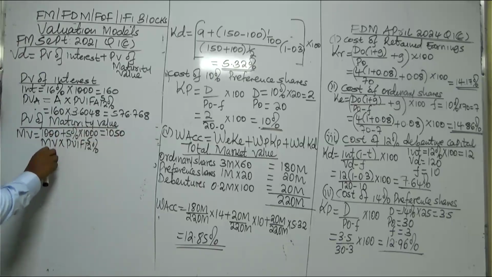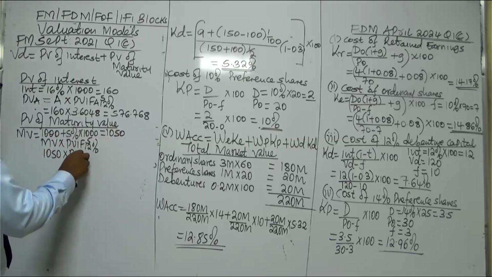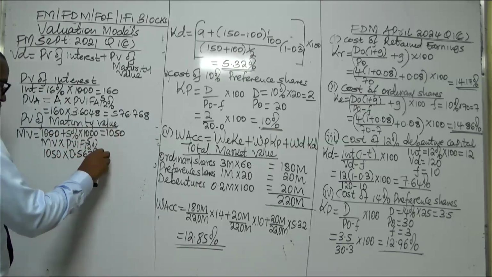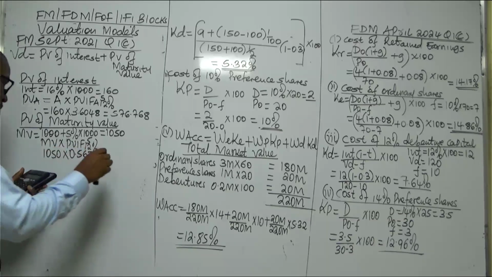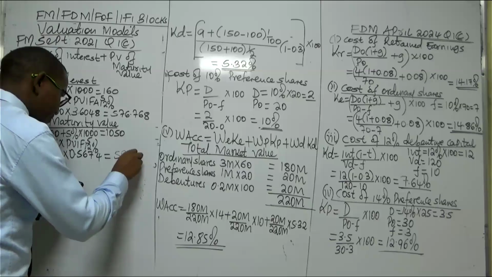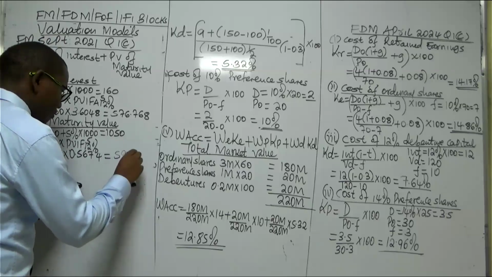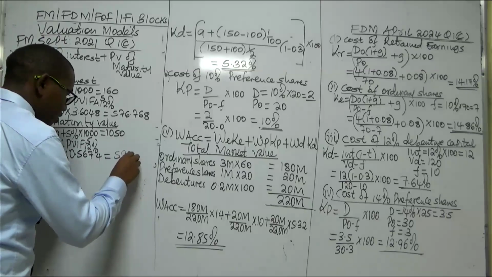So it will be 1050. From the first table, you check 12% in year 5, 0.5674. So 1050 multiplied by 0.5674. This will be 595.77.